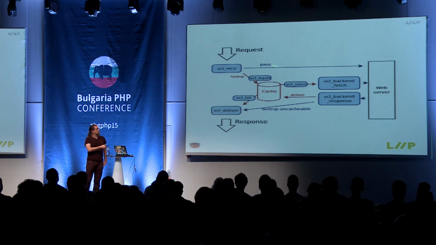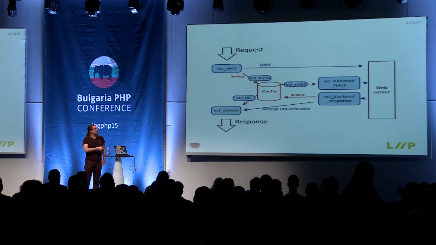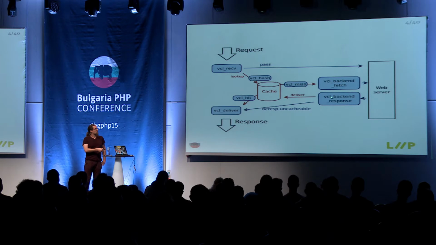If it's not cacheable, you just go to the backend in Varnish, get a response, and deliver that. Otherwise, you go to the cache and check, is it in the cache? If it's not, you have to fetch the content from the backend and put it in the cache, and then you can deliver it. If it was in the cache, you directly go here without going to the backend.